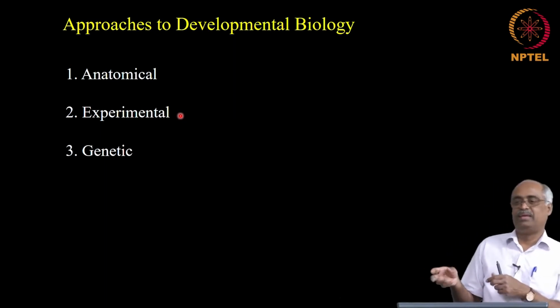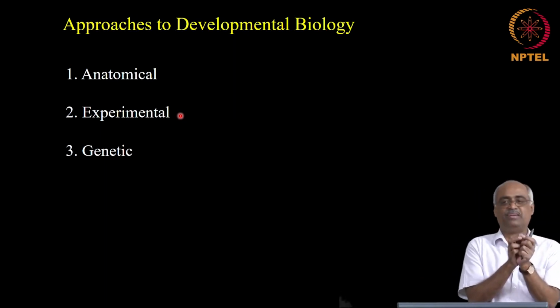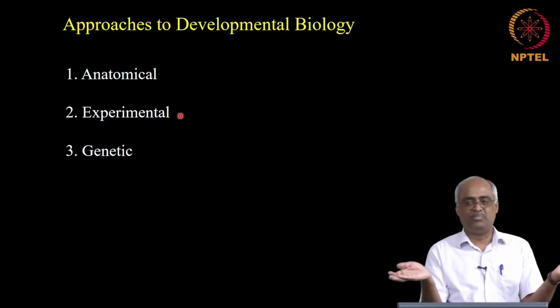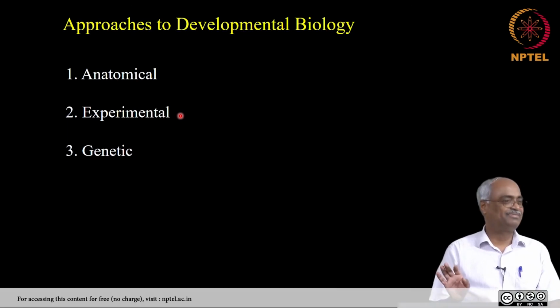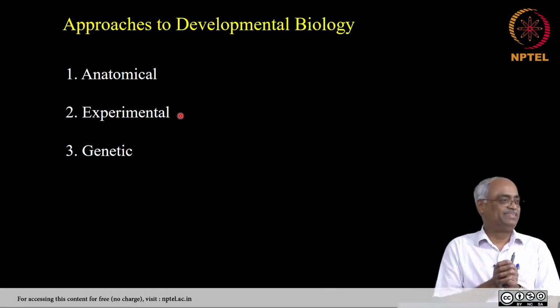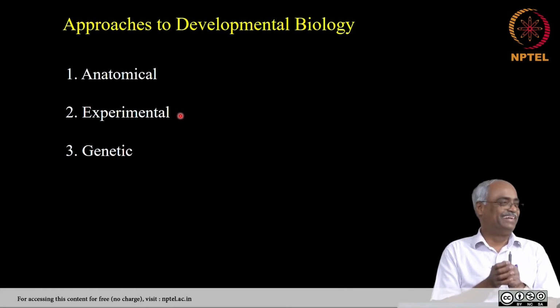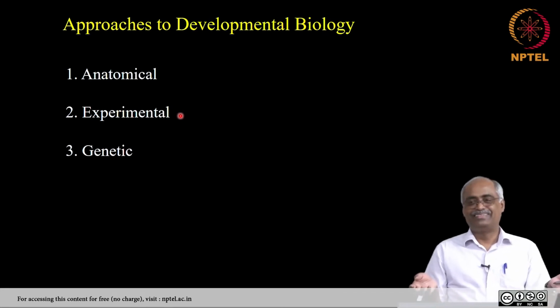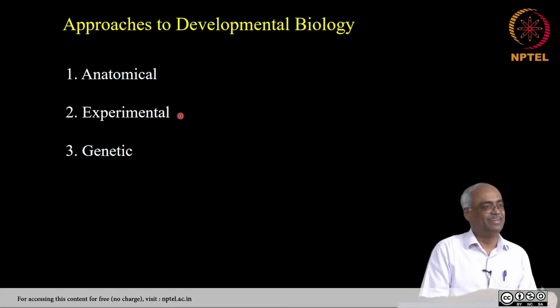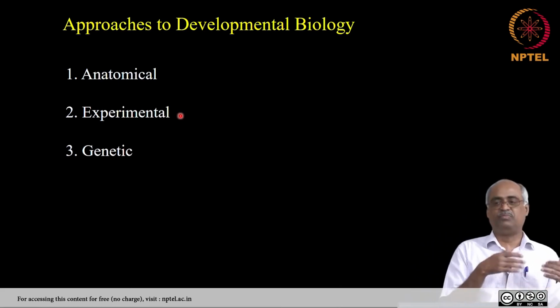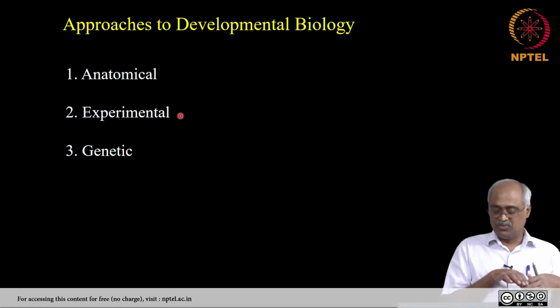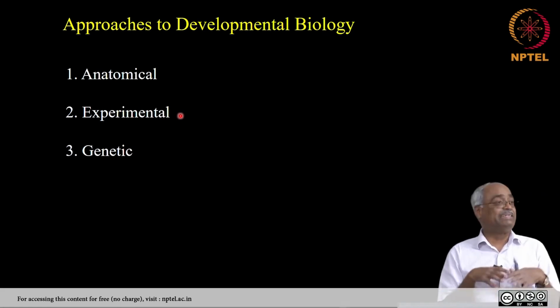Like for example, if I take a human embryo at a very early stage and cut half of the embryo, it is still going to form a proper normal wild type human. Okay. But if you take a C. elegans embryo and do that, it is not going to form that. So that we will learn when we learn about determination, fate specification, etc.